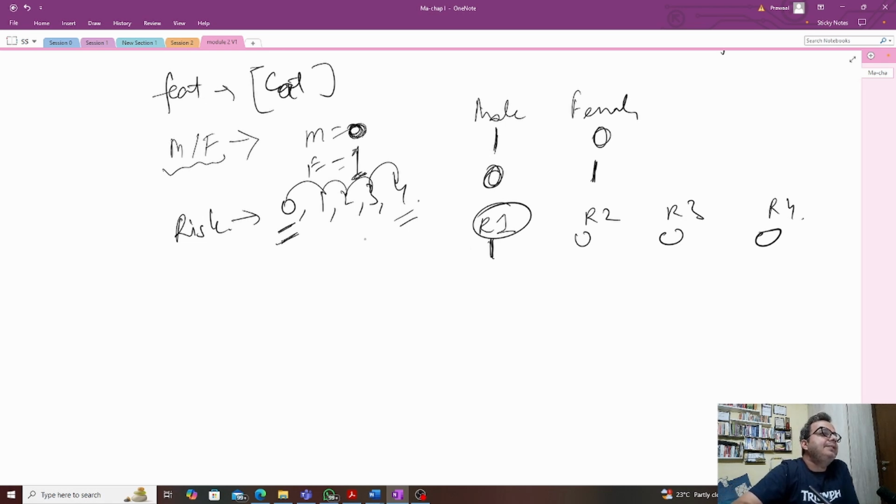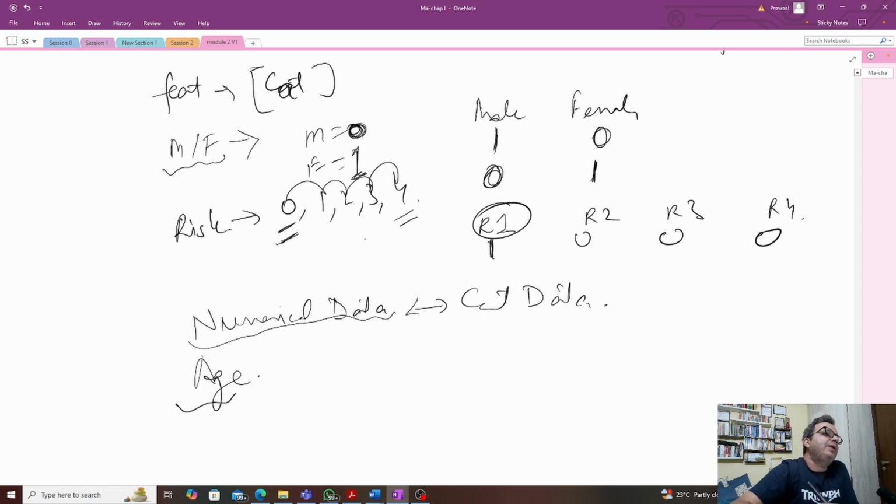Then there can be scenarios where you may have to convert some of your numerical data into categorical data, when you are not so interested in knowing the nuances of numerical data. Let's suppose age is numerical data, and you are doing some kind of risk analysis.